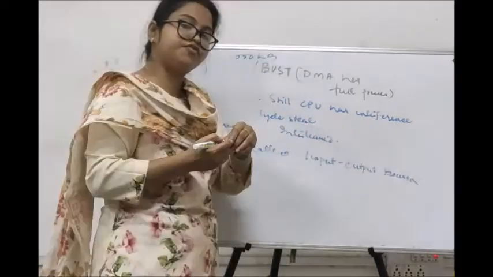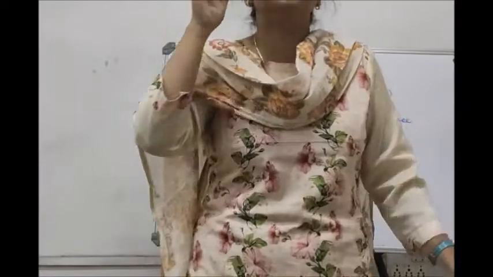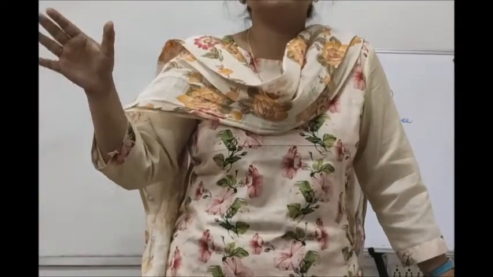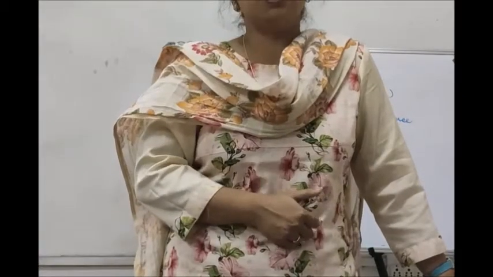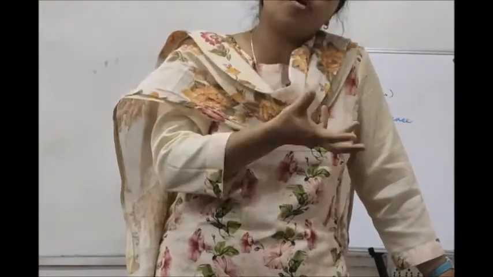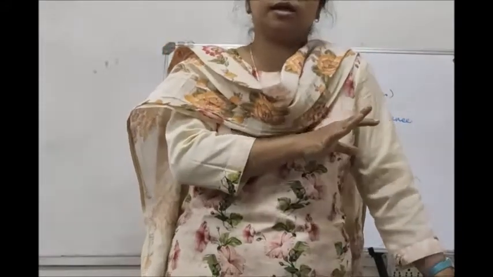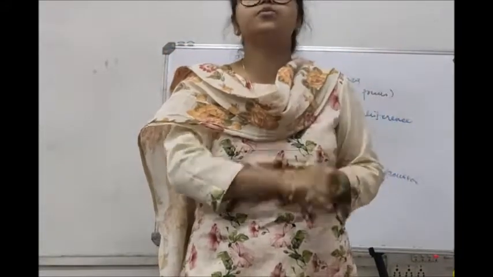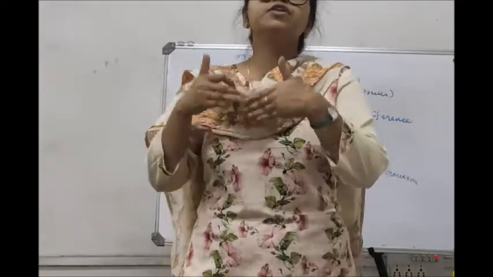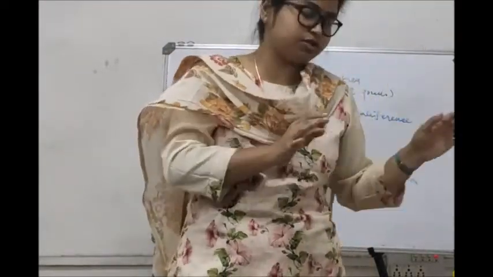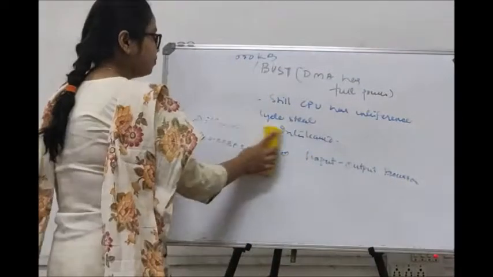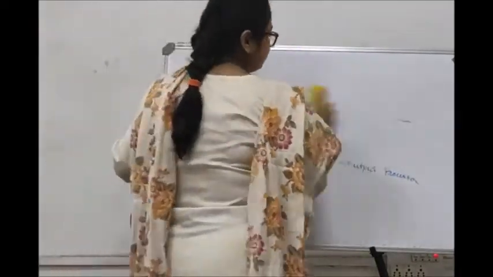If you have a different processor for it, then we do not need the help of the CPU. Now the CPU is not needed for IO processing. Why? Because if we have a different independent processor for IO operation, then we would not have any dependency on the CPU, isn't it? The CPU can do its own work, and IO processing can be done by the IO processor. So we will talk about the input output processor now.